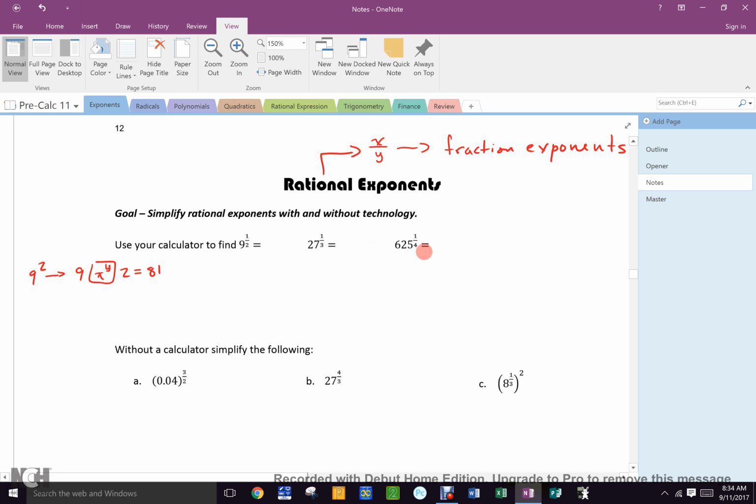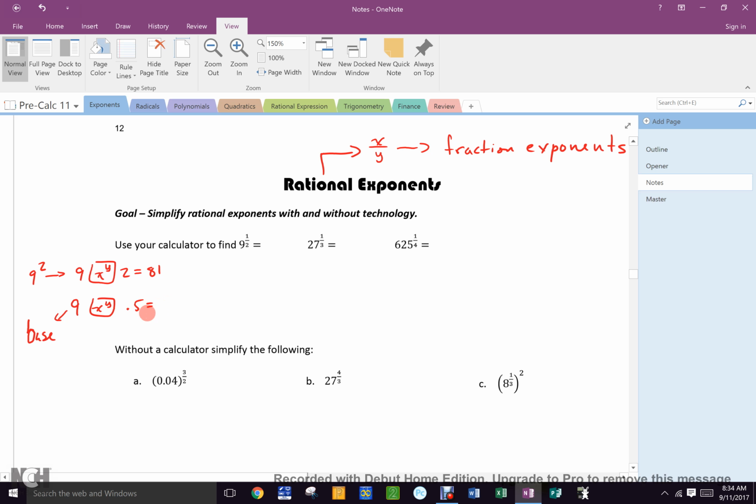So a lot of you probably remember these 3 answers, but if you don't, no big deal. We'll do it right now. So you're going to get out your calculator, and I want 9 to the 1/2. You're still going to hit 9, because that's your base. Then you're going to hit your exponent button. And then you need the fraction. If it's a fraction that works, like 1/2, you're just going to go 0.5, and you're going to get an answer.